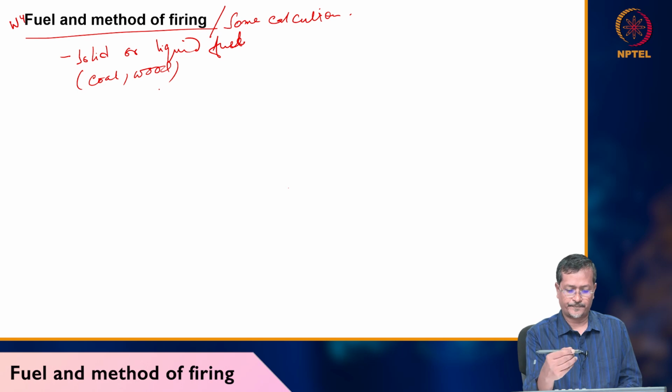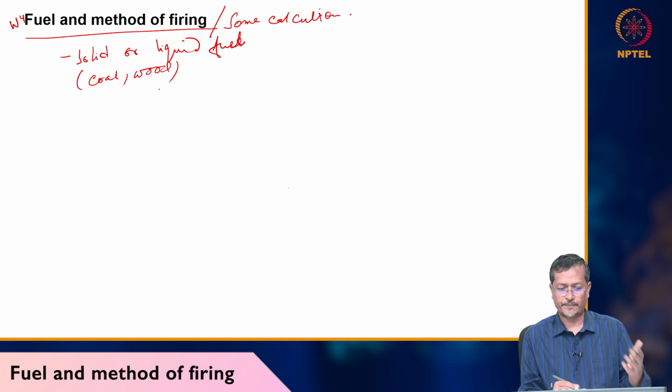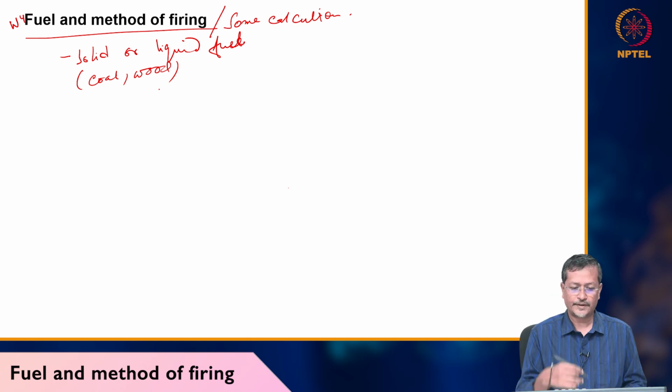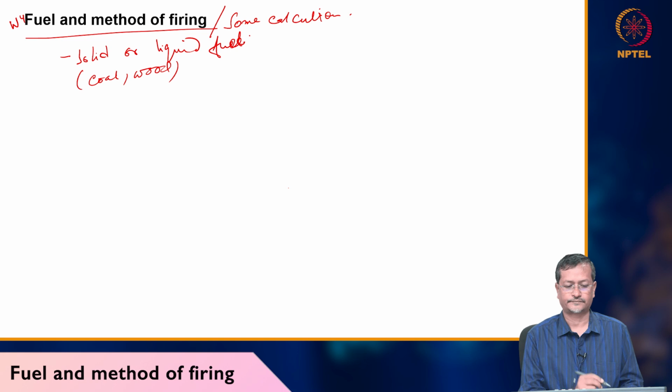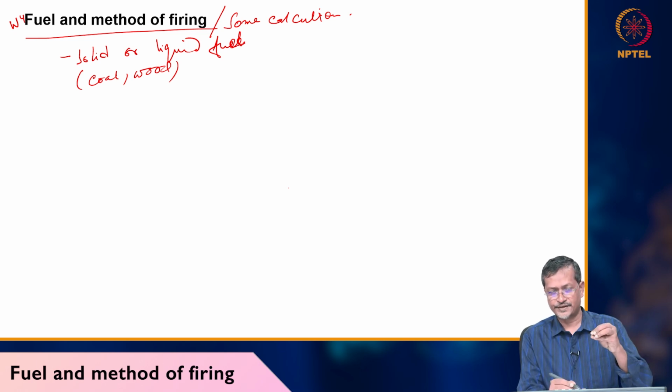In many cases those are replaced by liquid fuel, maybe crude oil or heavy fuel, a high viscosity, high density fluid used as a fuel. Those fuels can be given into your furnace along with oxygen and it will burn.